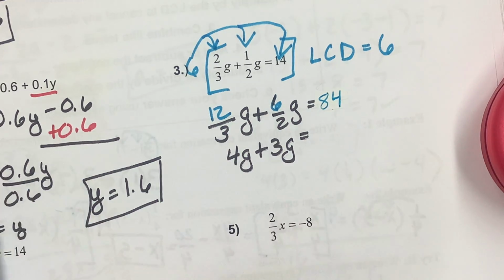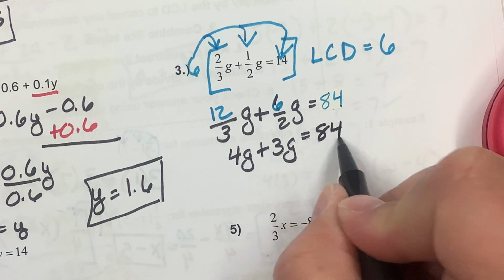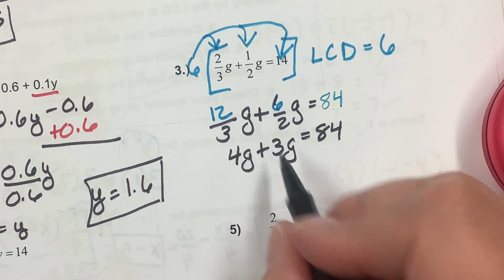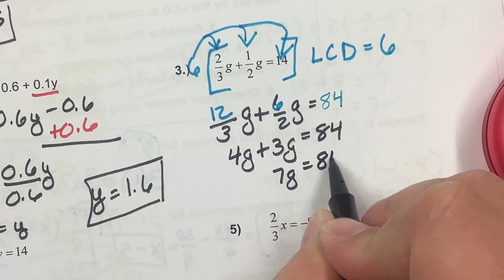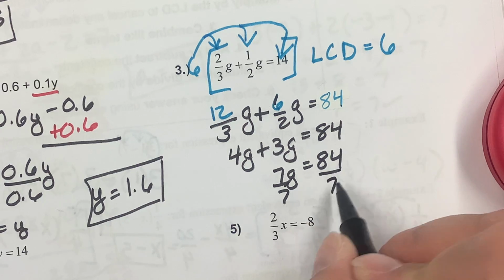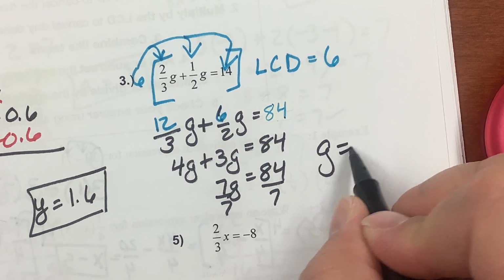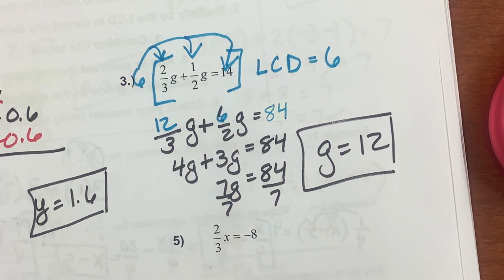That would not have worked out. 84. Okay. 4G plus 3G, 7G equals 84. All right. Divide by 7, divide by 7, and G equals 12. Now I go back and I check that, because now I'm worried because I almost made a mistake there. Don't want to make mistakes.